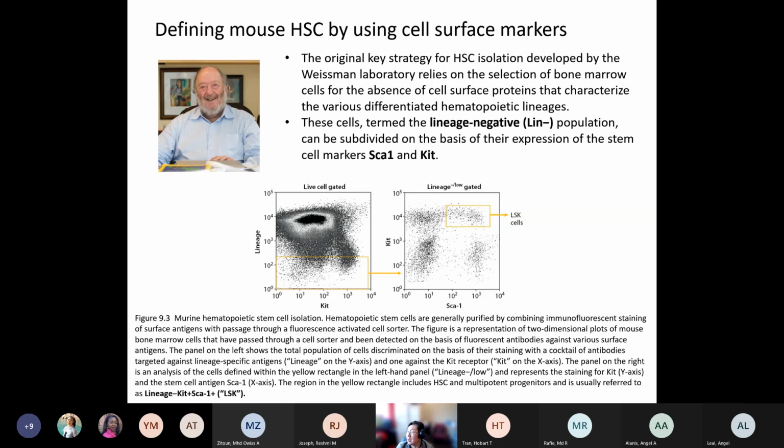People consider Irving Weissman as one of the most important thought leaders in the field of biomedical sciences. He's the driving force of the stem cell program in California.